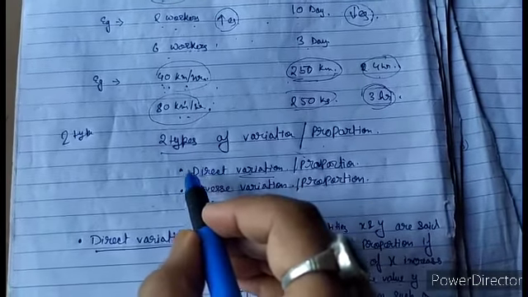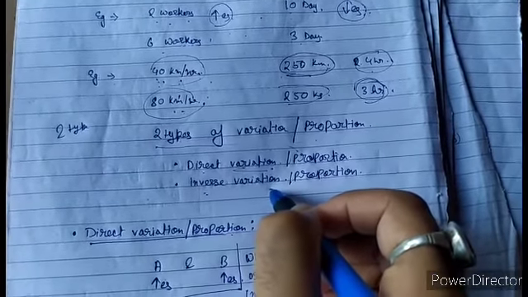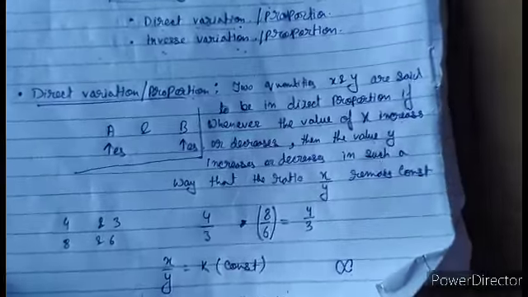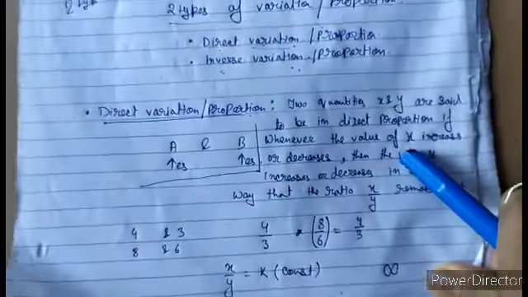Now I will discuss one by one what is direct variation and what is inverse variation. Stay focused. Now let us find out what direct variation or proportion is.